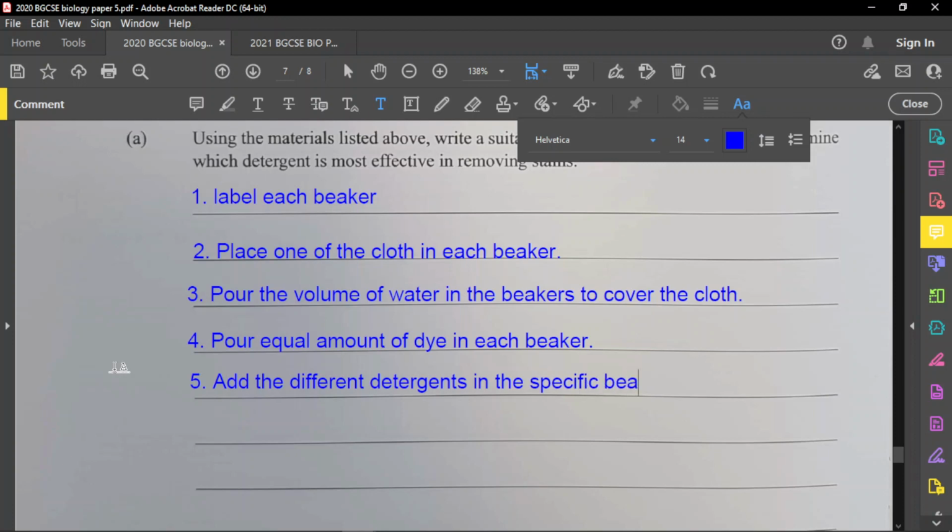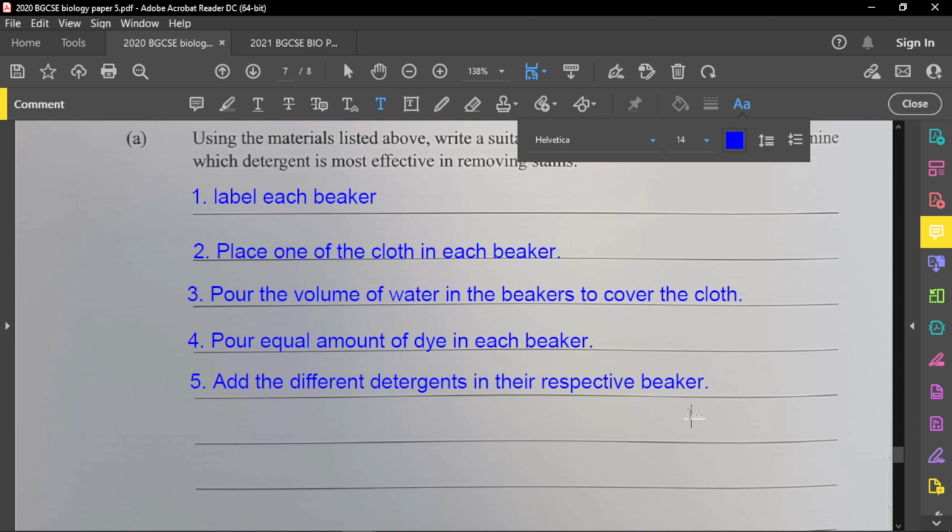All right, and why? Because when we already label them, you say, okay, one is the biological, one is the non-biological. So you put the detergents in their respective beakers.